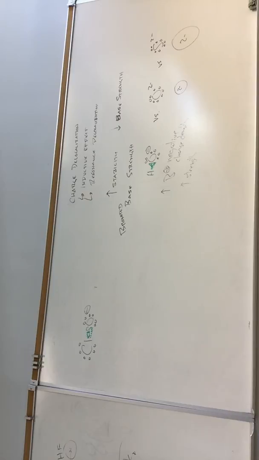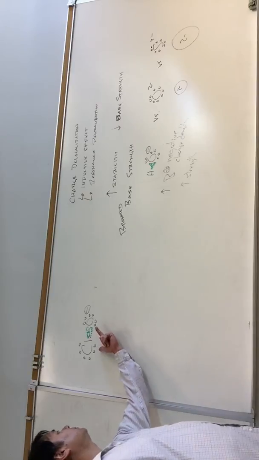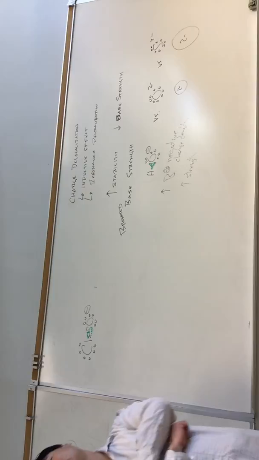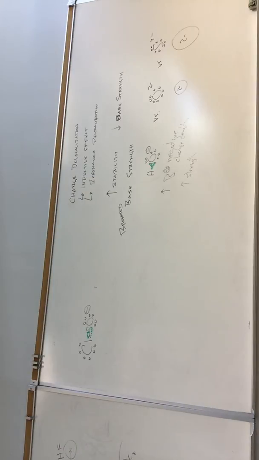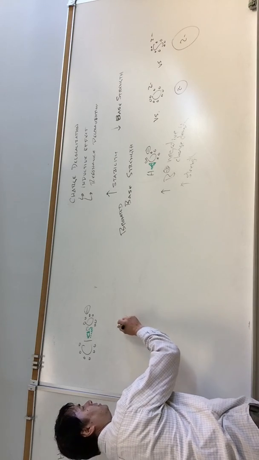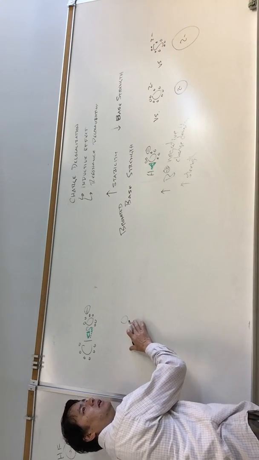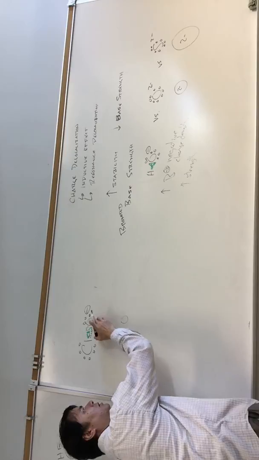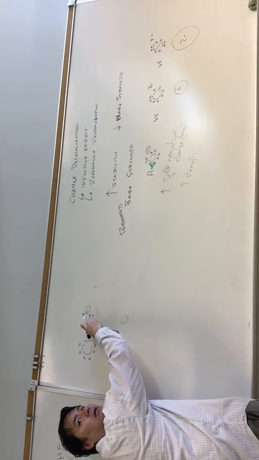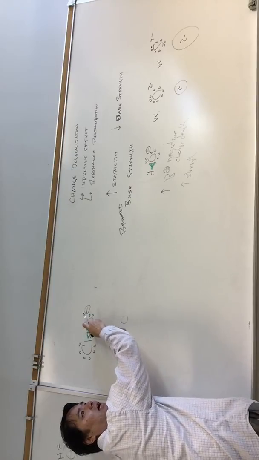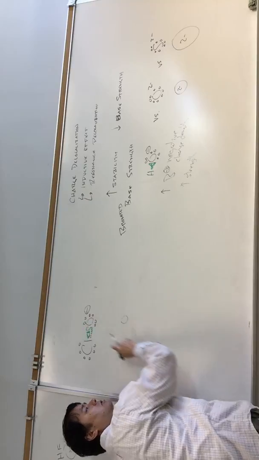How about hypoiodite? If we compare hypochlorite with hypoiodite, which one should be a stronger base, which one a weaker base? A lot of people will say, oh, it's electronegativity. But you have to be very careful how you explain it, because in this case we're explaining the electronegativity in terms of the active site or the active atom here, the oxygen.